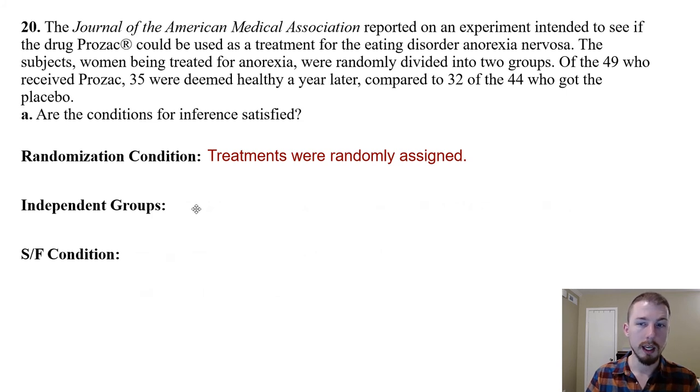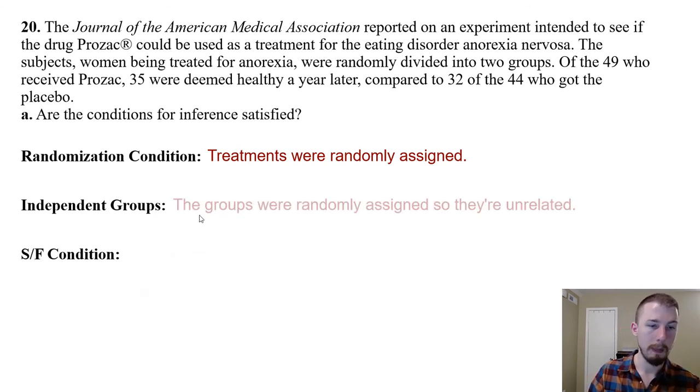Now, they are going to be independent because of the random assignment of treatment groups. Meaning if there was success in the placebo, that should not affect whether or not there's success in the Prozac. That's the whole point of the control group, to make sure that the groups are independent. Okay, so the groups are randomly assigned, so they should be unrelated to each other.